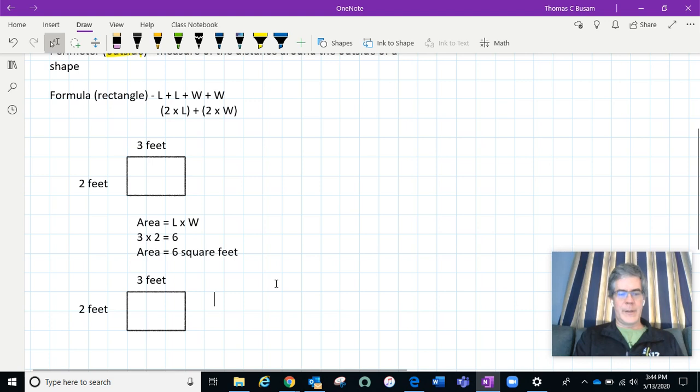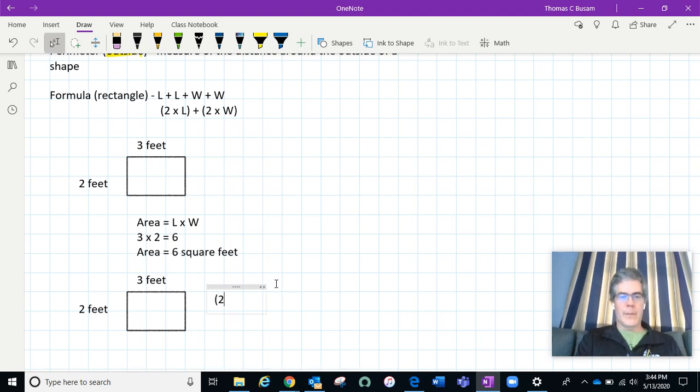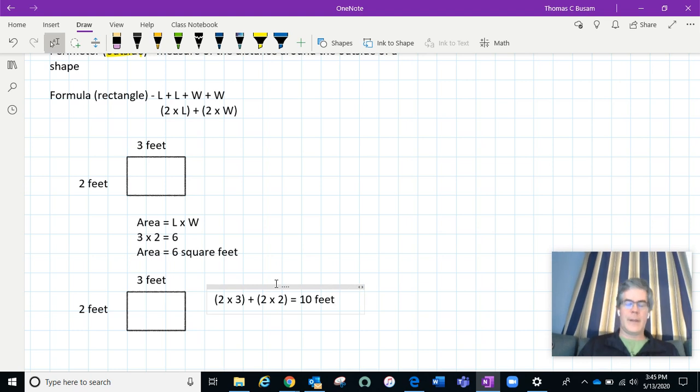So walking 3 feet, then 2 more feet, then 3 more feet, and then 2 more feet, we go all the way around the perimeter. So that's going to be 2 times 3 plus 2 times 2, and that's going to equal 10 feet. Again, it's important to include those units.